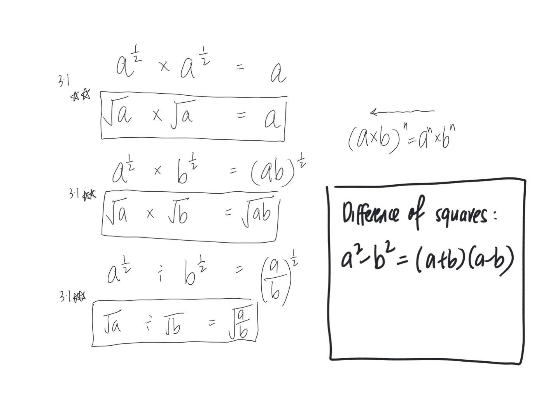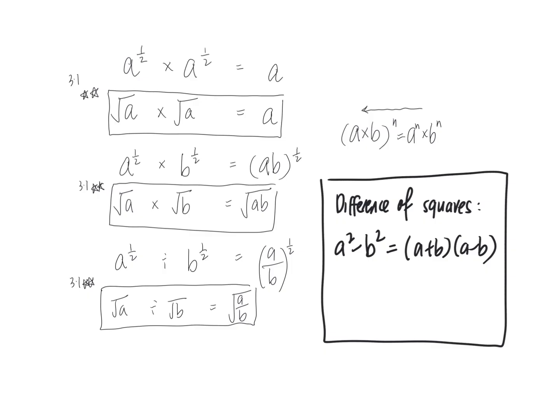Okay, so if you want to get rid of an expression with surds, example, if I have 2 plus square root 3, I want to get rid of the square root in this expression. What I need to introduce is its opposite, which is 2 minus root 3.